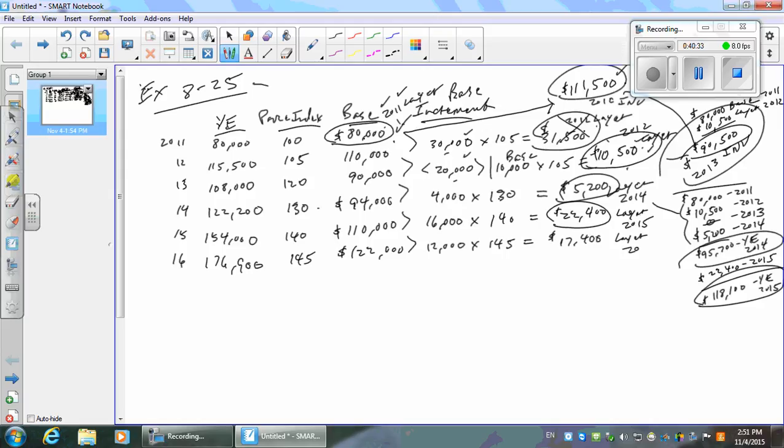Okay, let's add 2017. In 2017, we adopt just-in-time inventory. So let's say the index is 150. Okay, another 5% tacked on. It's 150, and let's say we get our inventory down to $140,000.